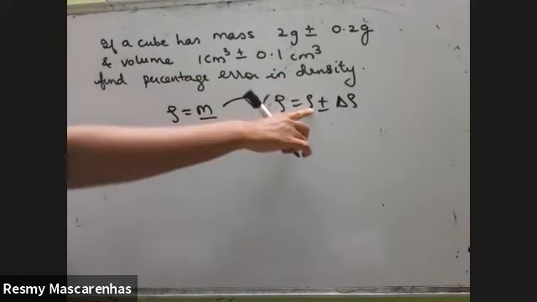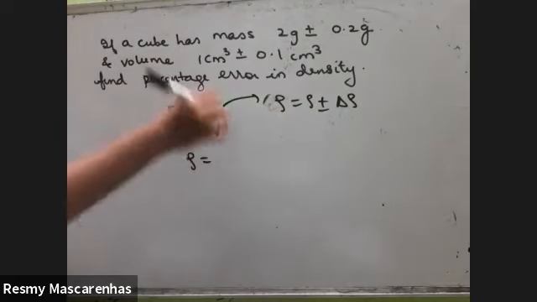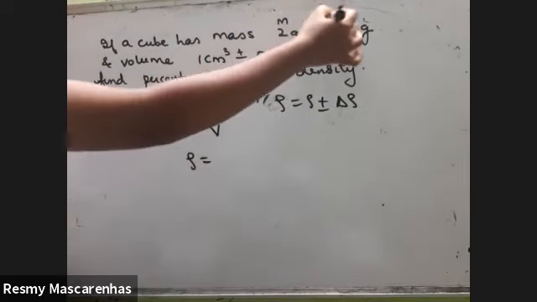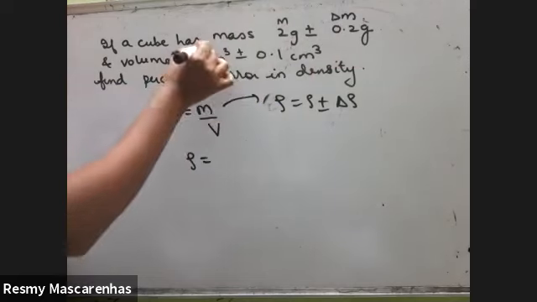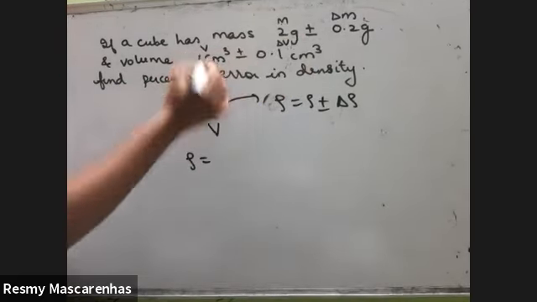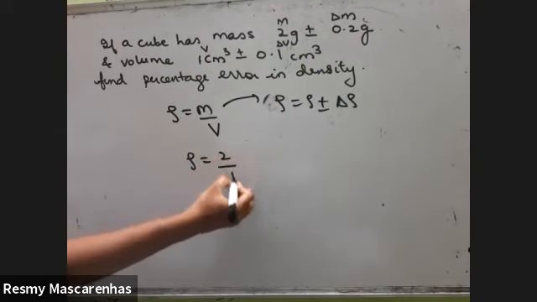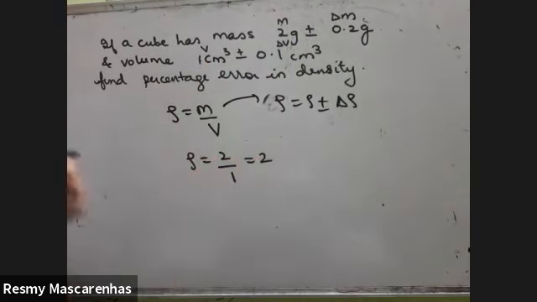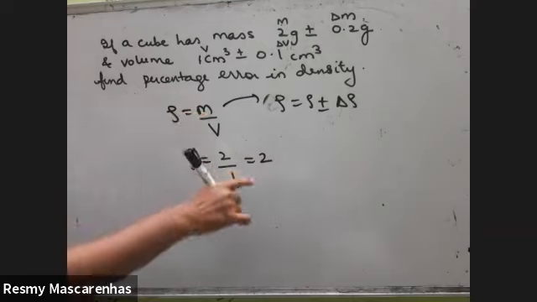So first find this. Straight away, this is your M and this is your delta M. This is your V and this is your delta V. So straight away, mass upon volume will calculate first. Put units also. Mass upon volume.